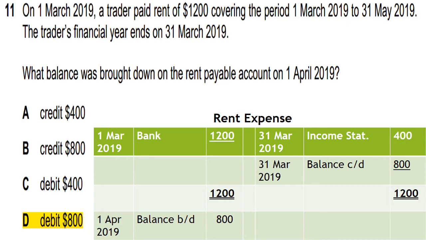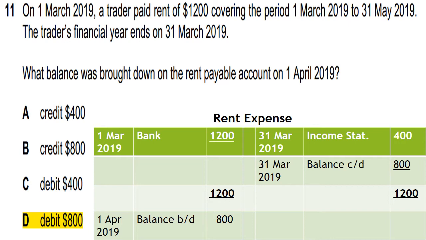First we will see which option is correct. $800 debit is correct, so D option will be correct. How? We will see in the rent expense account in the working.